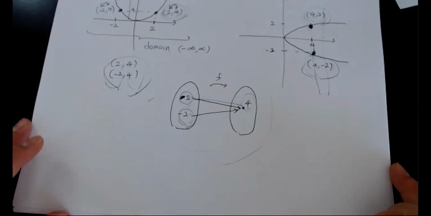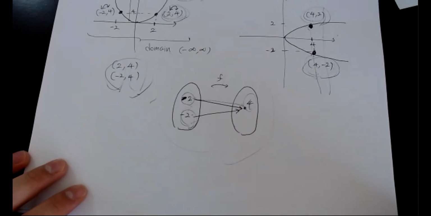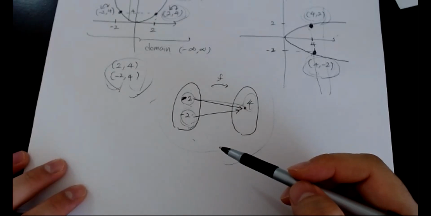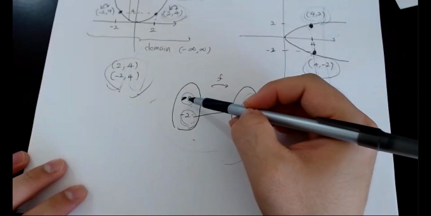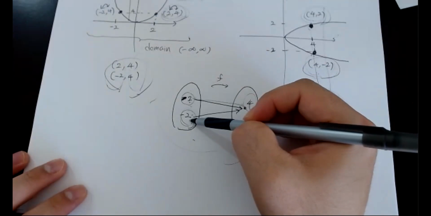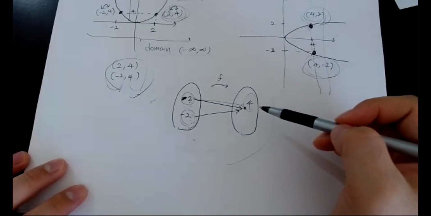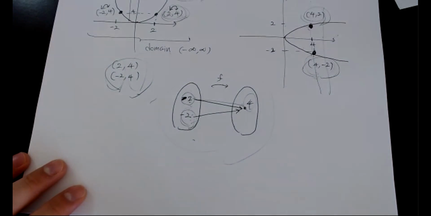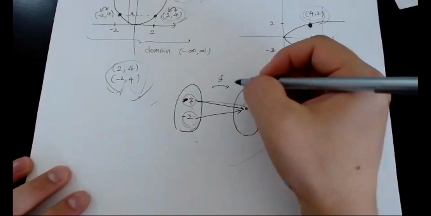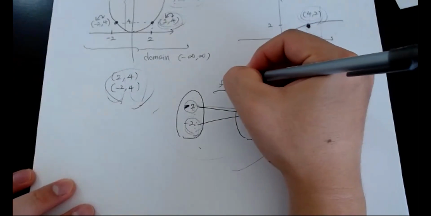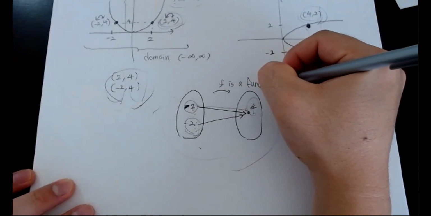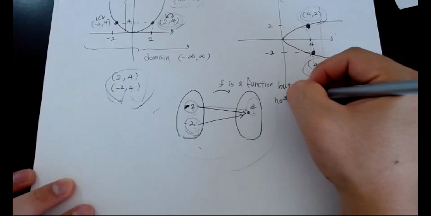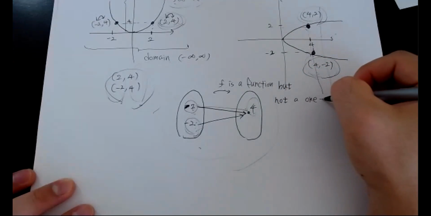That's what I'm saying. So this is a function, but this is not one-to-one. Why? Because two distinct x values correspond to the same y value. Okay, so that's the meaning of one-to-one function. So f is a function, but not a one-to-one function.